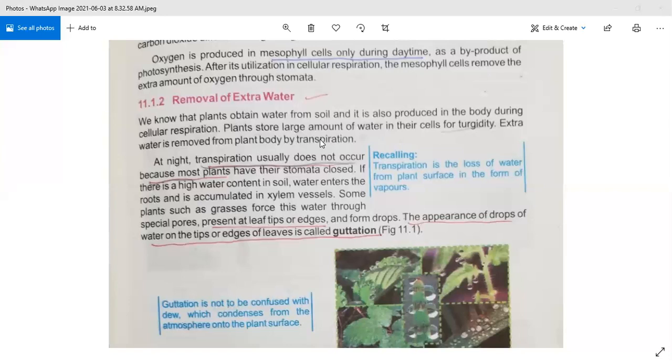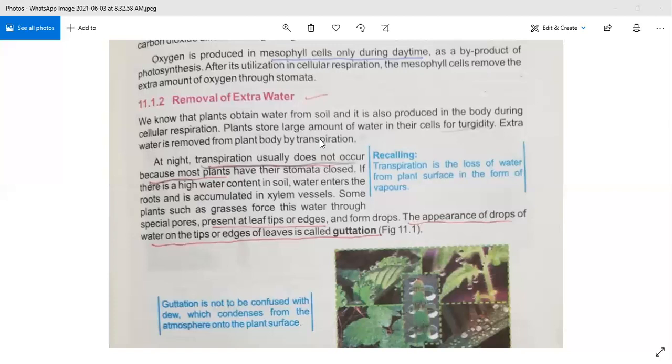The extra water is removed from the body of a plant through transpiration, and we all know transpiration is a process in which extra water is removed from the body of a plant by evaporation. As I told you, there are two ways: the plant gets water from the roots, and when the plant does cellular respiration, plenty of water is produced.